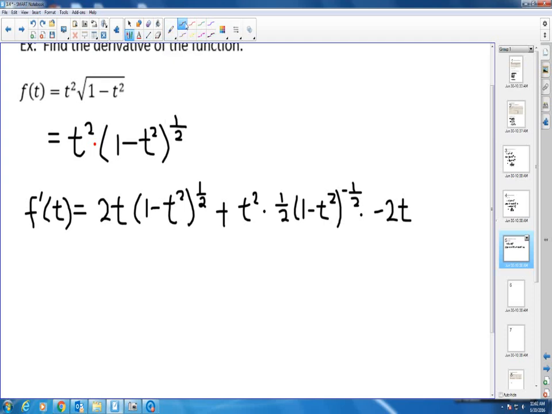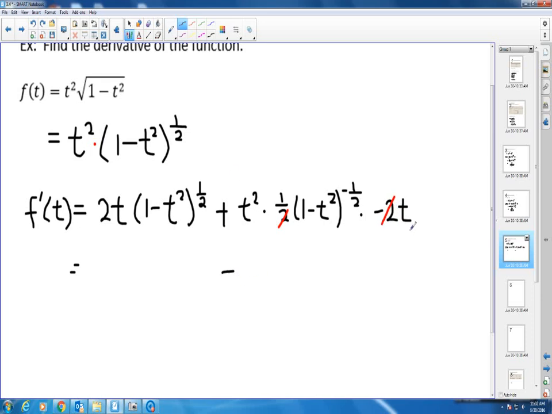Alright, now let's simplify this. This is a lot. Let's see. Negative 2 times a half, and the positive sign here, that will cancel out. This will be a minus now.